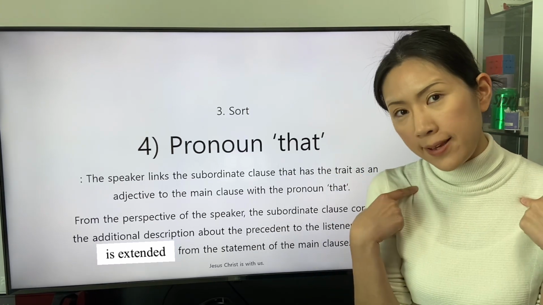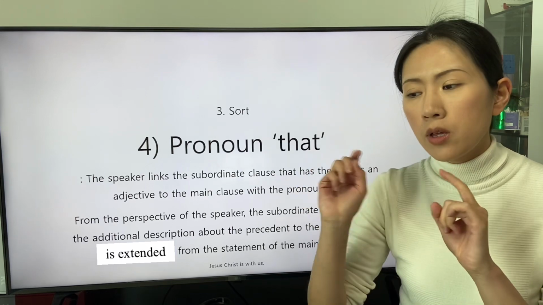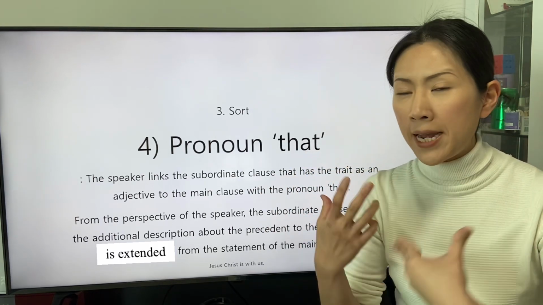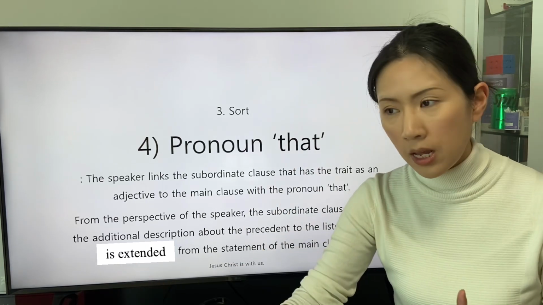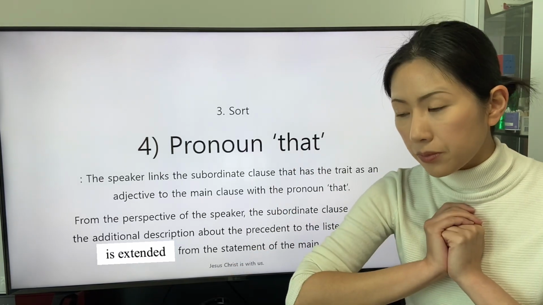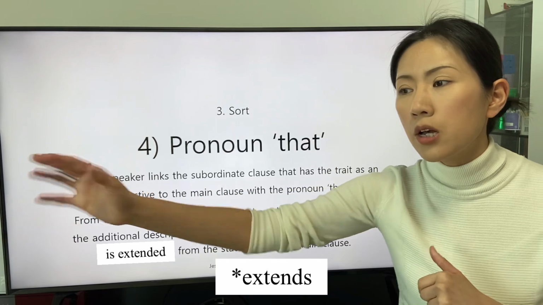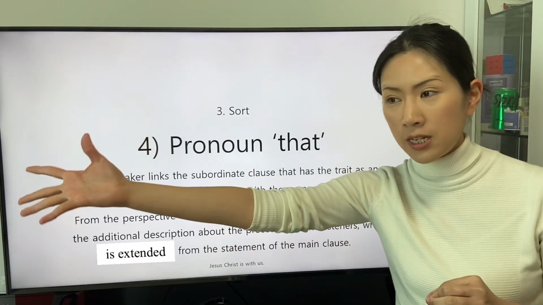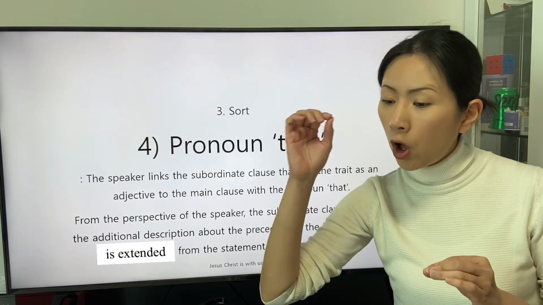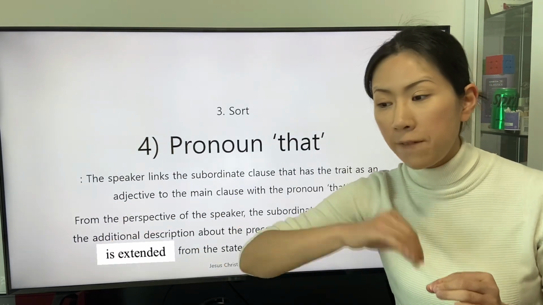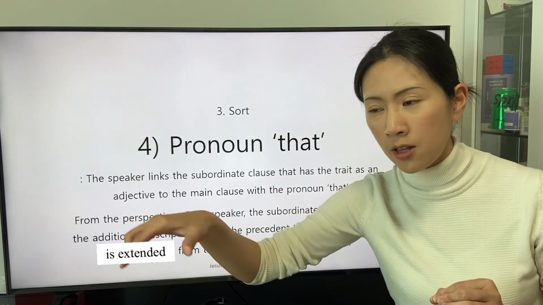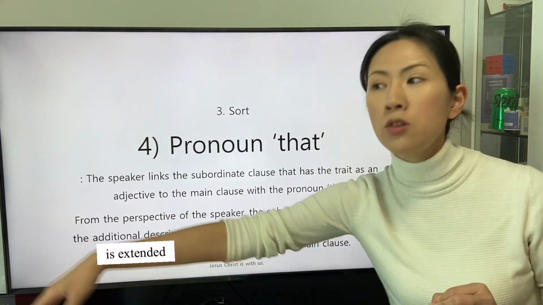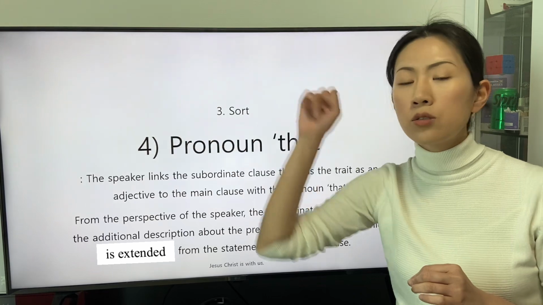From the perspective of the speaker, the subordinate clause describes the main intention in the main clause, and the main clause conveys the additional intention about a precedent. One of the indications in the main clause is the object of the description in the subordinate clause.